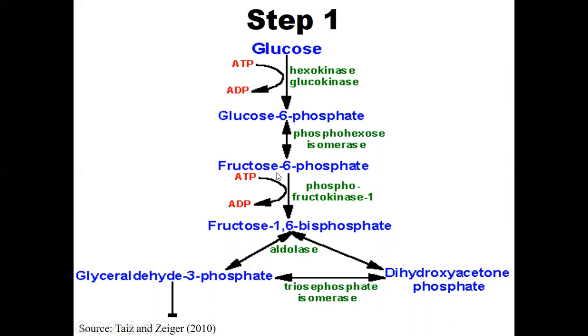Now, again, phosphorylation occurs. That is, fructose 6-phosphate is phosphorylated in the presence of phosphofructokinase to give us a product known as fructose 1,6-diphosphate.